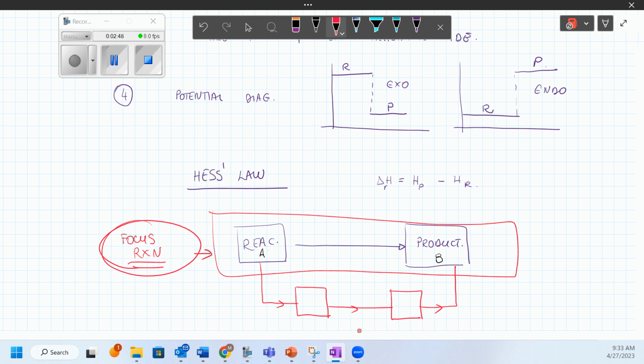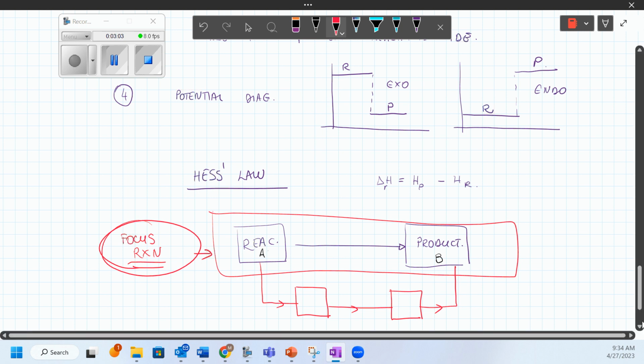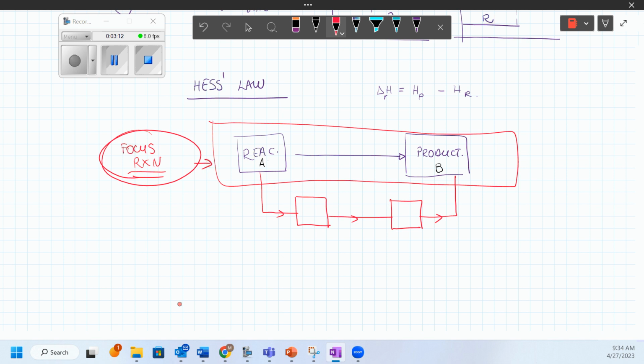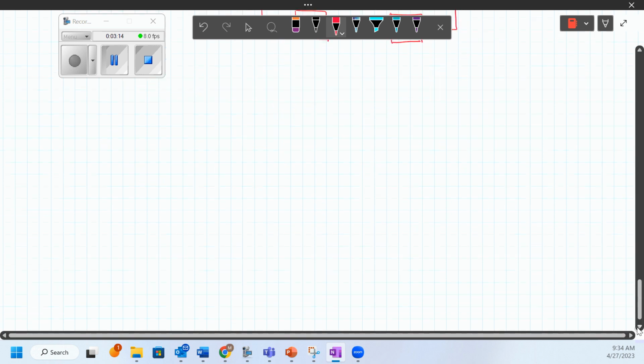And then after I add all of those manipulated intermediate reactions, I have the focused reaction along with the enthalpy of the reaction. So we will see now, but there are some rules that we have to keep in mind when we are working with Hess's law.